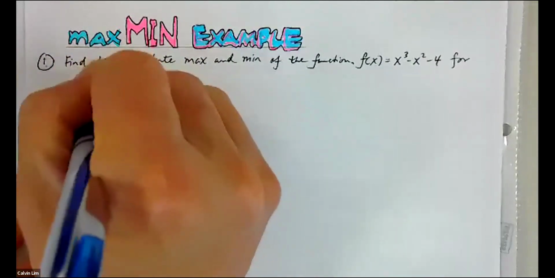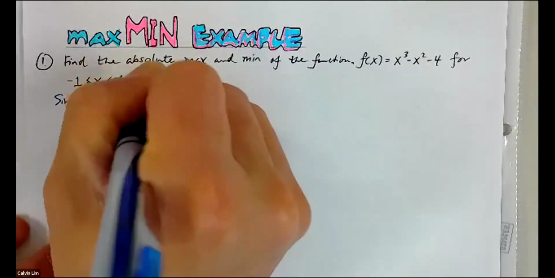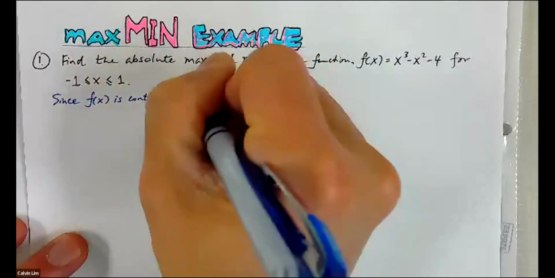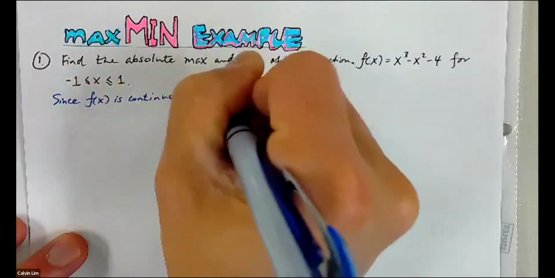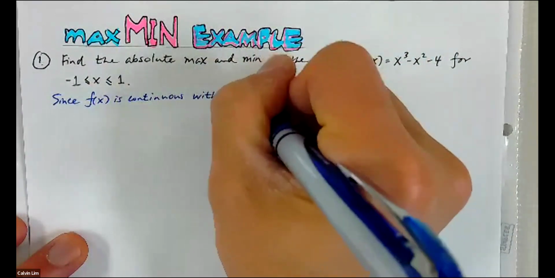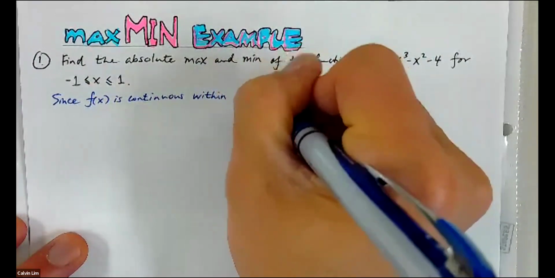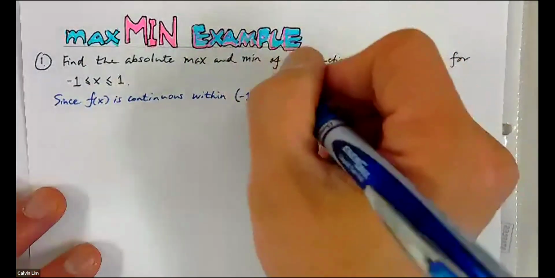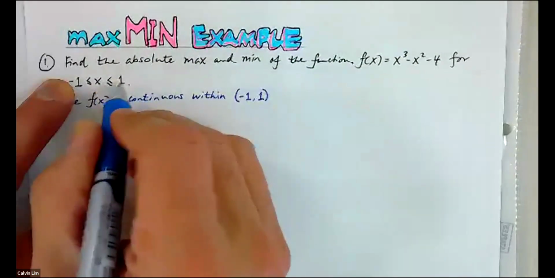Since f of x is continuous within, I'm using the interval notation, -1 and 1, non-inclusive. We're talking about the interval between this and this.